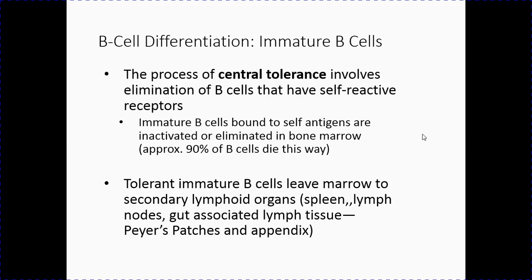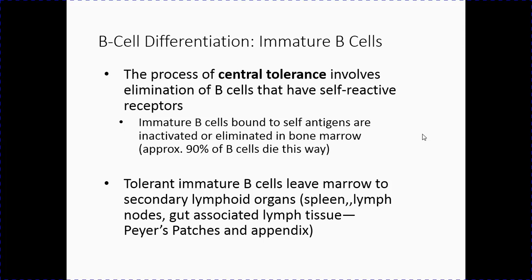The same process of developing tolerance and understanding which B cells are going to be great within the host's own immune system is a process we call central tolerance. And it's going to involve eliminating B cells that have self-reactive receptors and that means they have antibodies that react with self. So immature B cells that will bind to self-antigens get either inactivated or eliminated in the bone marrow.